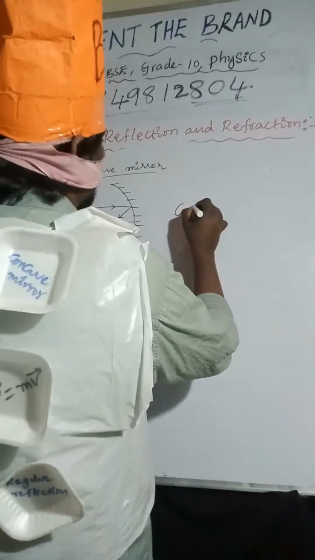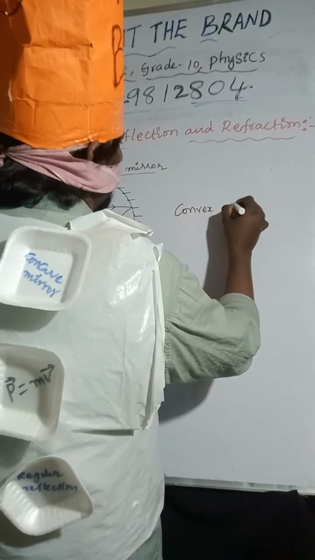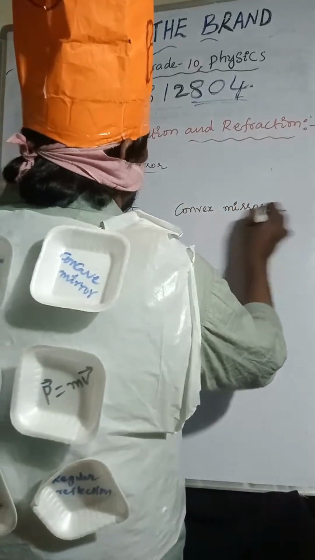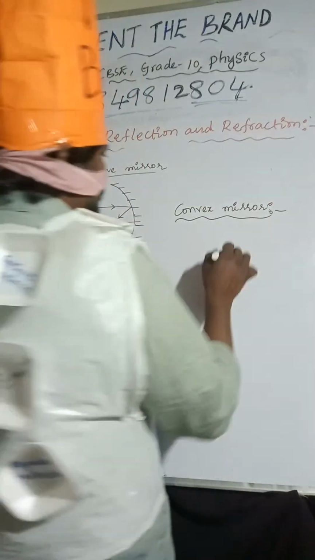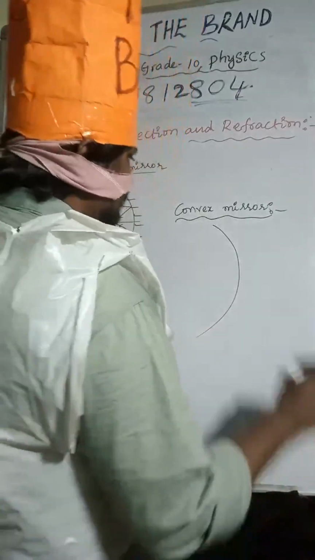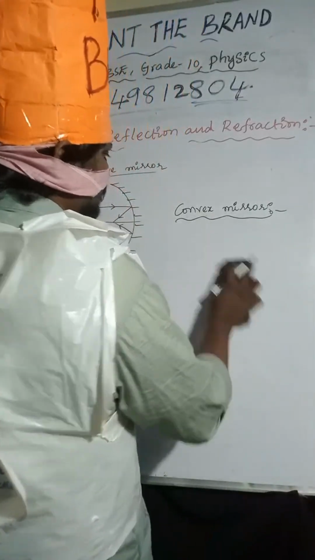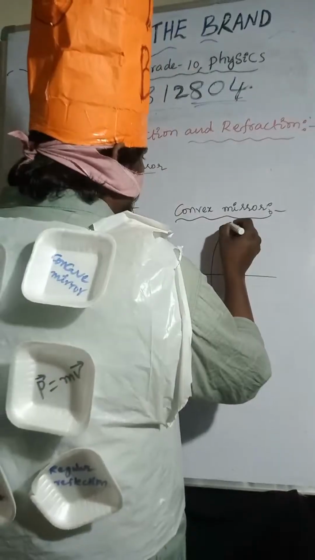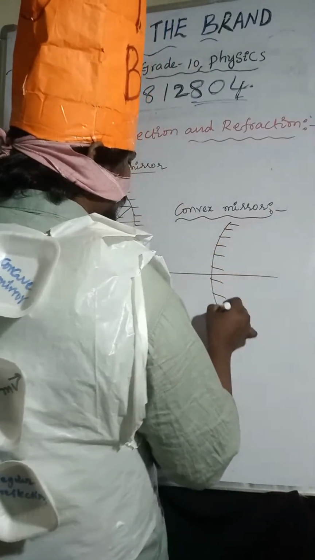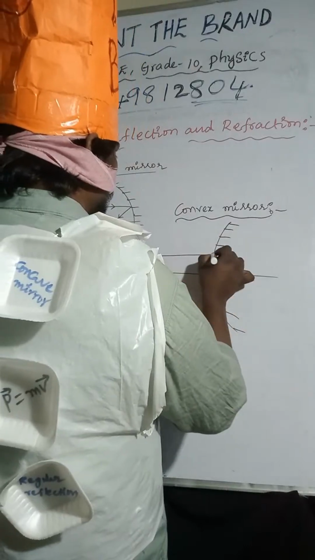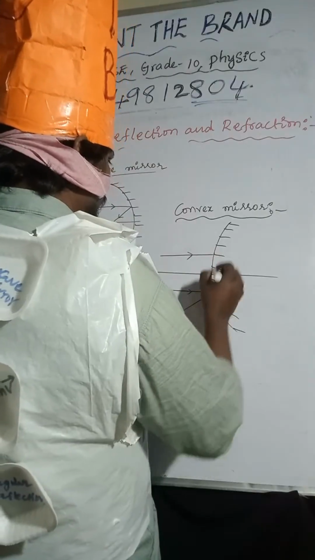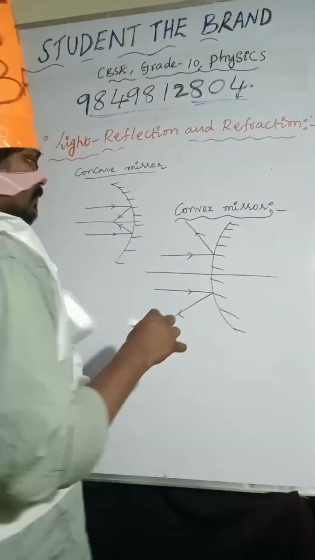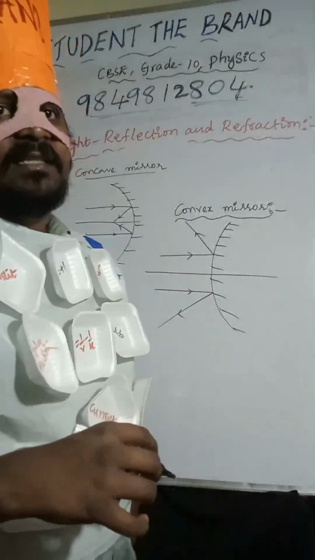Convex mirror. So after reflection, these light rays will be diverging.